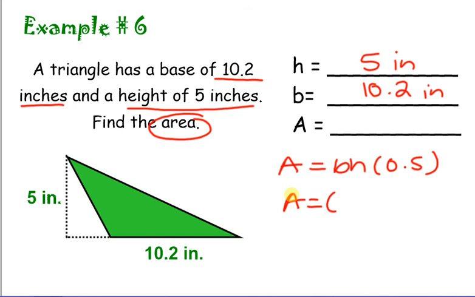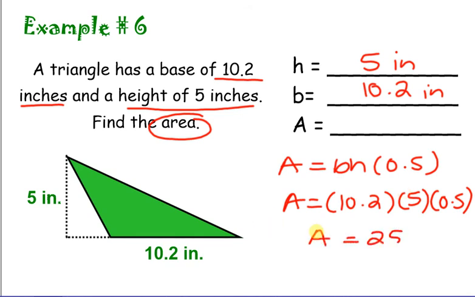Area equals 10.2 times 5 times 0.5. Put that all in your calculator, and you're going to get area equals 25.5. So your answer is 25.5 inches squared. Triangles are much easier than trapezoids.